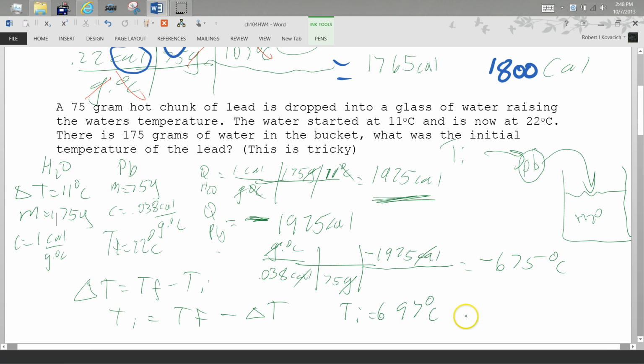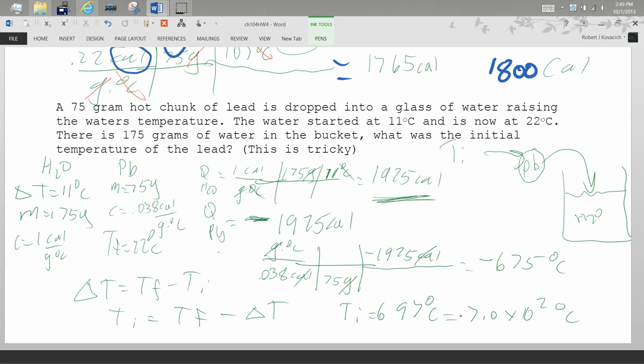And I'm going to say that it's 7.0 times 10 to the second degrees Celsius. Why did I write that? I only have two sig figs. I could have written 700 degrees Celsius, but what's bad about writing 700 degrees Celsius? You don't know if the other zero is significant.